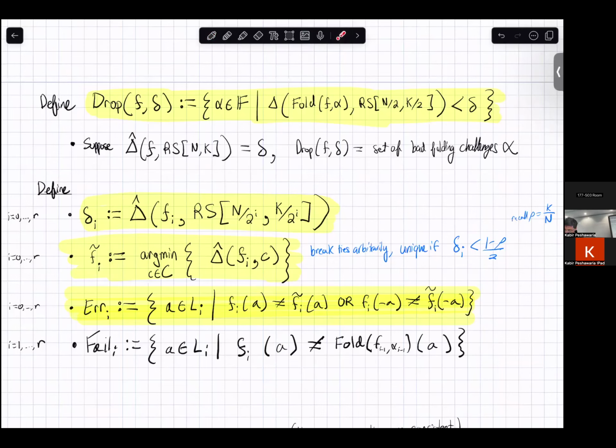We can define delta I to be the blockwise distance between Fi and the ith Reed-Solomon code. Now, drop of Fi delta I is going to be the set of bad alphas such that when I fold Fi, my normal relative distance is less than delta.